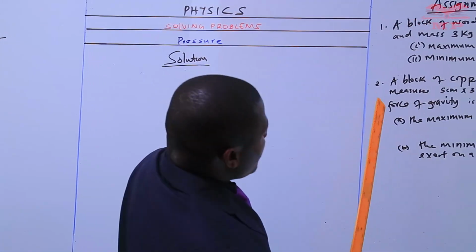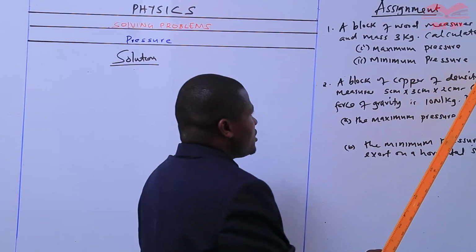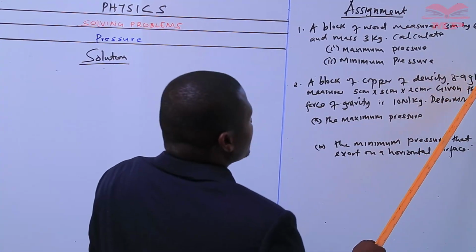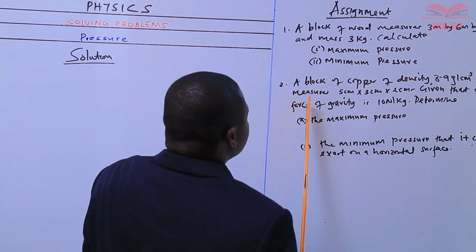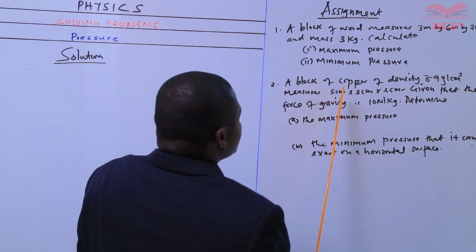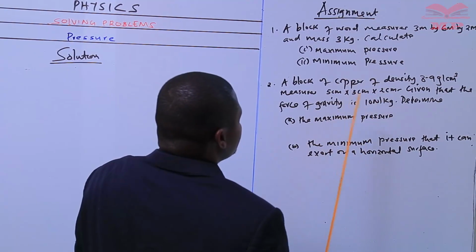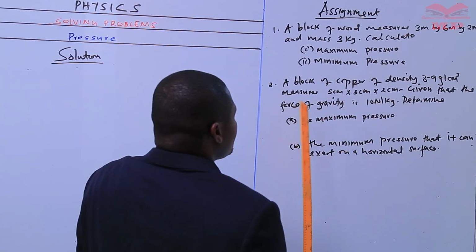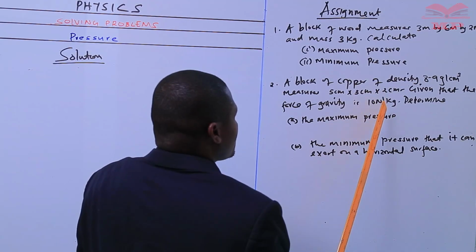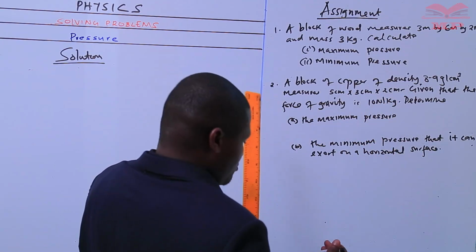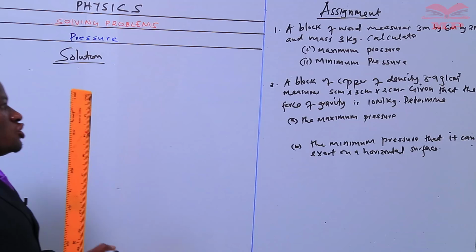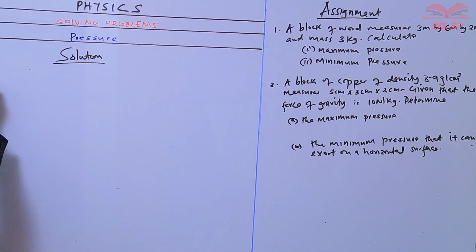Question 2. A block of copper of density 8.9 grams per cubic centimeter measures 5 centimeters by 3 centimeters by 2 centimeters. Given that the force of gravity is 10 newtons per kilogram, determine the maximum pressure. So first of all, you list what you have been given.